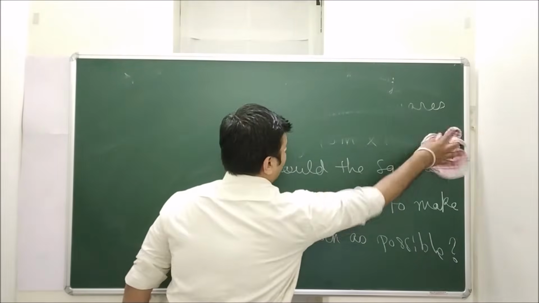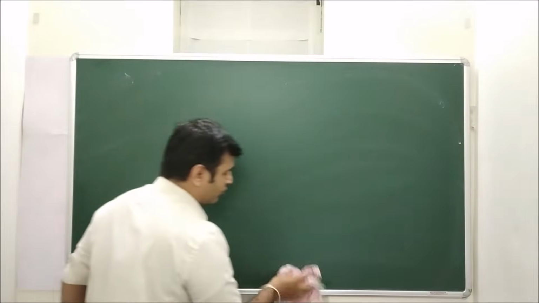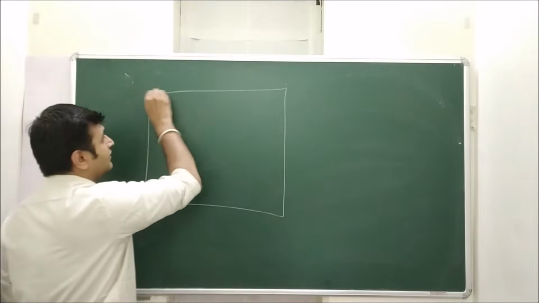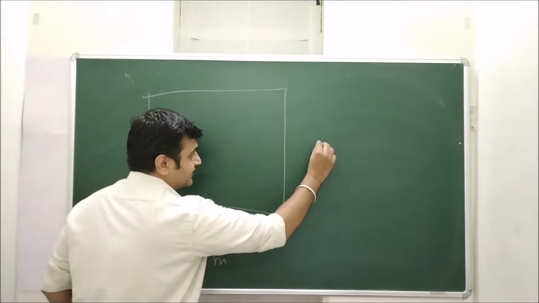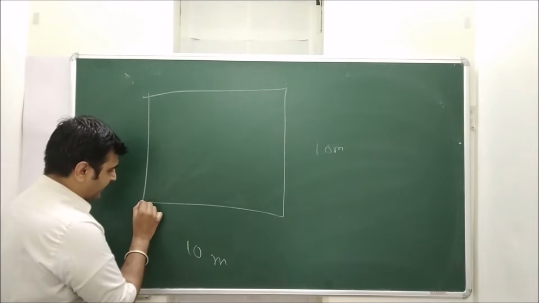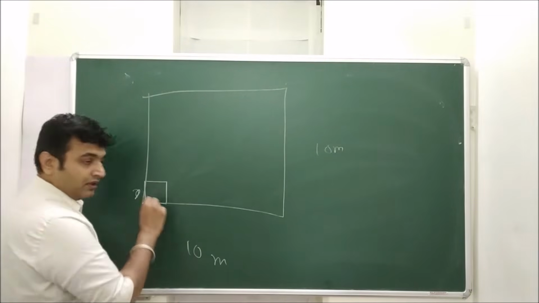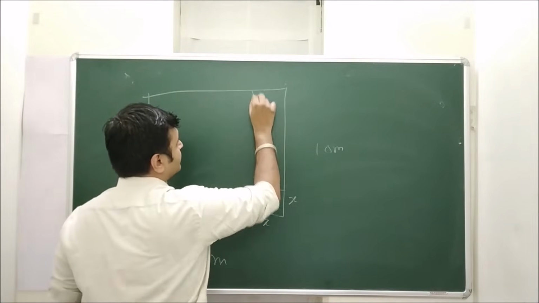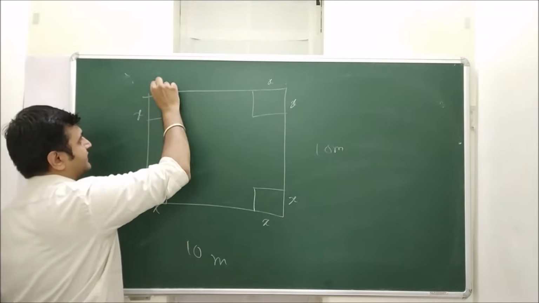Okay, so now the first thing is you try to draw the figure, you try to draw the diagram. Now what is the diagram? You have a 10 by 10 sheet, okay, and so this is 10 meter, this is 10 meter. I want to cut from here. Say if I cut x from here and x from here, so this is the part I am cutting, and everywhere it is the same thing, x, here also x, and here as well x.